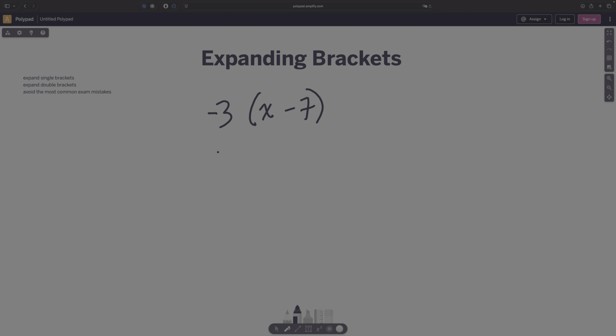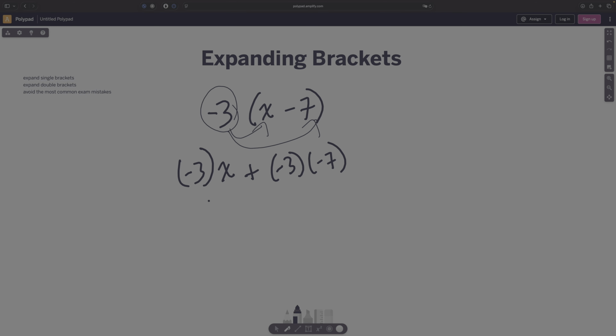Now let's take another example. We have negative 3 outside of the brackets, and this negative 3 is multiplied by the brackets x minus 7. So we do the exact same thing even with negative numbers. We multiply the term outside by every term inside of the brackets. So negative 3 multiplied by x, in addition to negative 3 multiplied by negative 7.